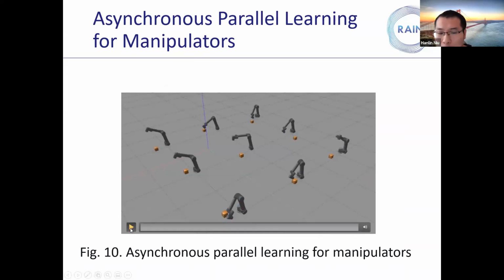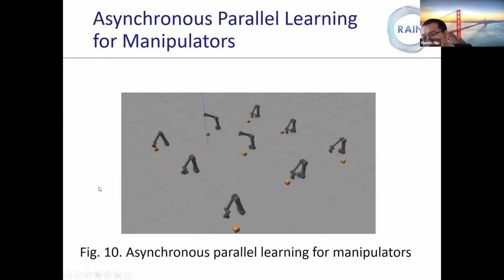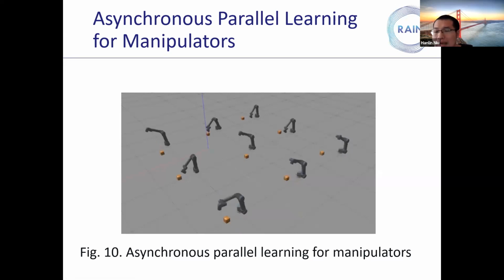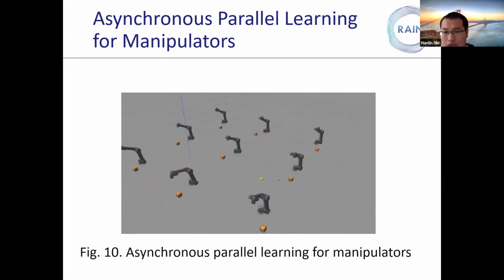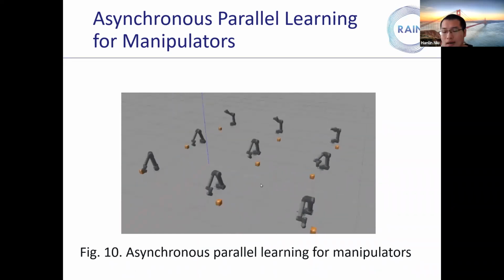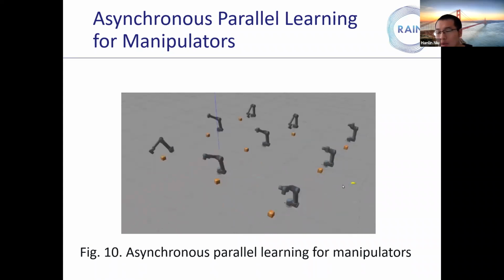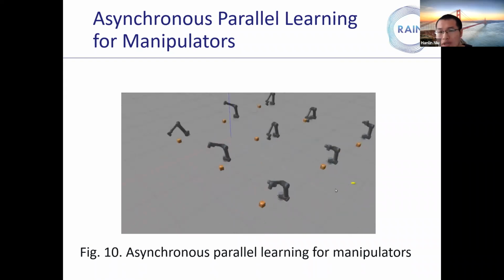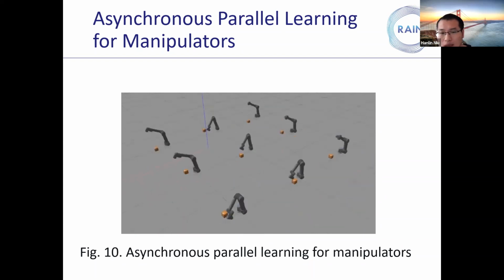And this is how we integrated them into multiple robots to learn how to grasp one object together. So yeah, that's a different application. We can implement these algorithms on mobile robots and also manipulators.